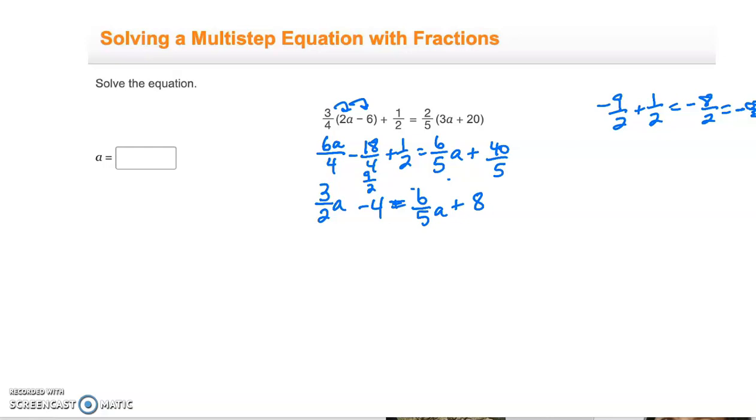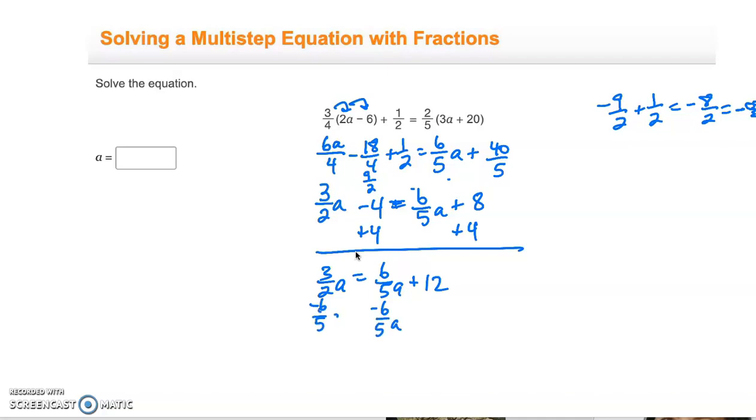So now I'm going to combine. I'm going to add 4 to both sides. So I get 3/2 a equals 6/5 a plus 12. Now we're going to subtract 6/5 a from both sides. And this is where you have to remember fractions, 3/2, and you can just put it in your calculator if you don't want to go through the steps. But we can get these into a common denominator.